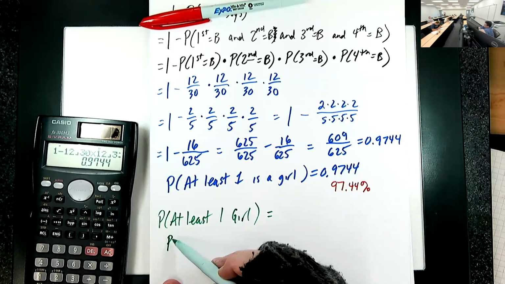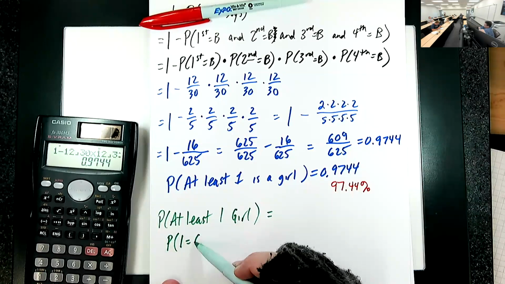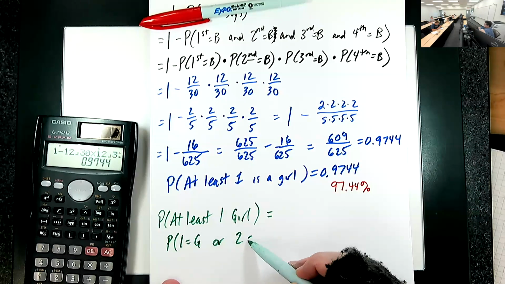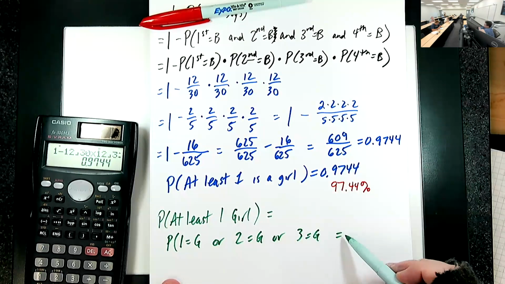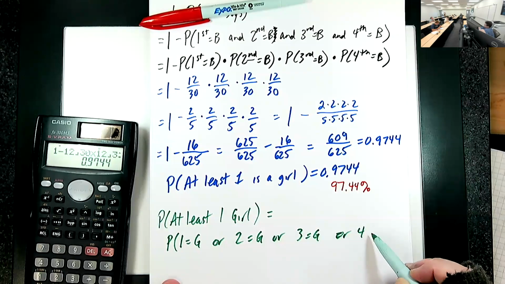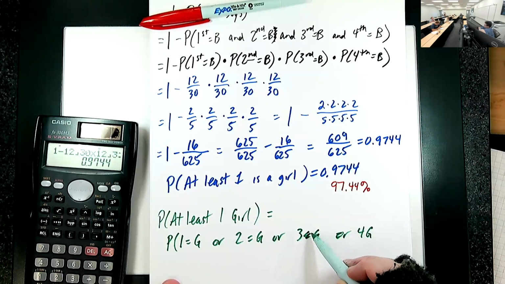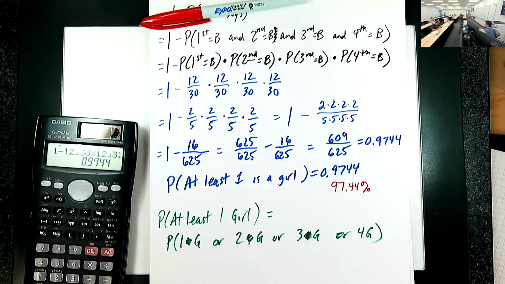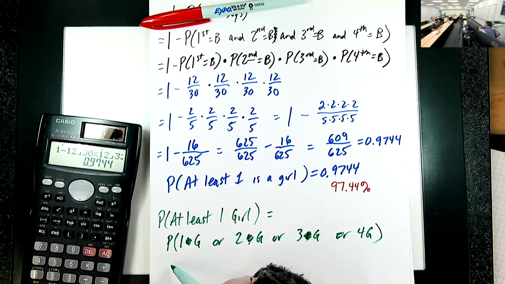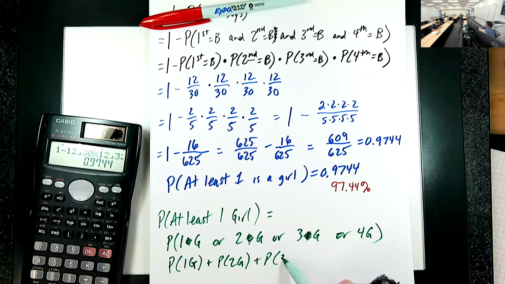But this is the probability that 1 is a girl, or 2 is a girl, or 3 is a girl, or all 4 are girls. Maybe I don't need the equal sign in there. 1 girl, or 2 girls, or 3 girls, or 4 girls. And we saw yesterday that 5.2, the addition rule, or turns into addition. This is the probability of 1 girl, plus the probability of 2 girls, plus the probability of 3 girls, plus the probability of 4 girls.